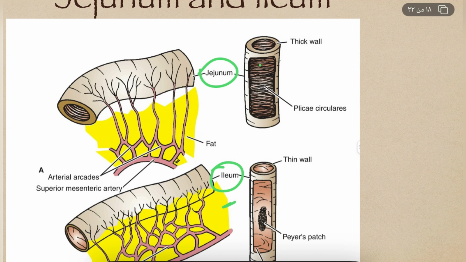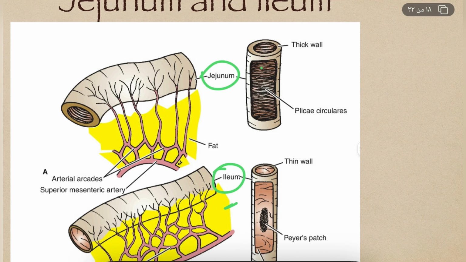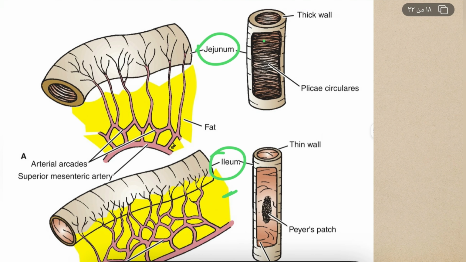Also, here the blood vessels in the ileum become more arcuate and have more branches than the blood vessels in the jejunum. طبعا blood supply of the jejunum and ileum from superior mesenteric artery، باعتبار انهم embryologically developed from the midgut.